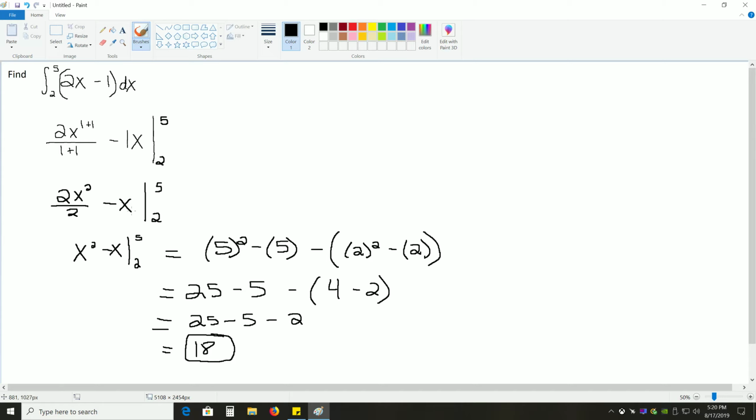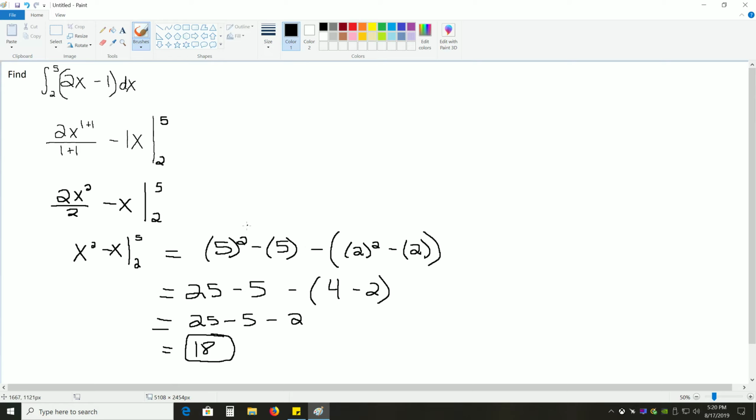One more thing I'd like to note here is that when you do an antiderivative or an integral, typically you have a plus c attached at the end. But whenever you do what we call a definite integral, which has these limits of integration, the plus c is removed. It's removed in this step.